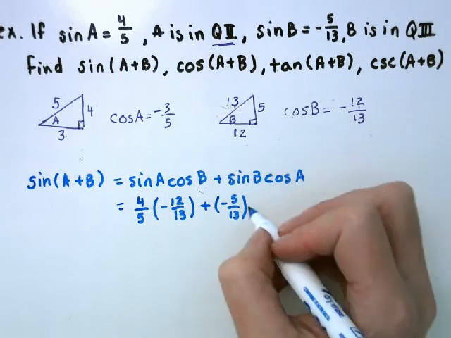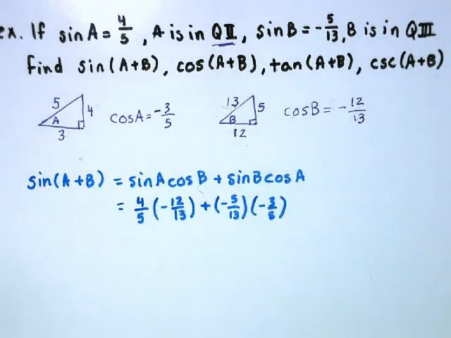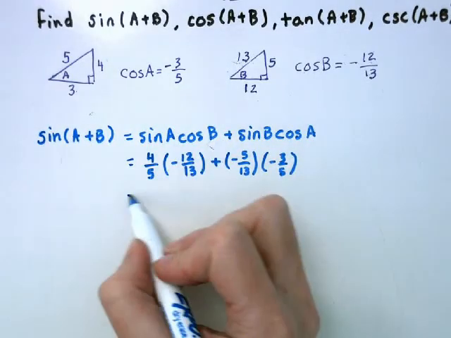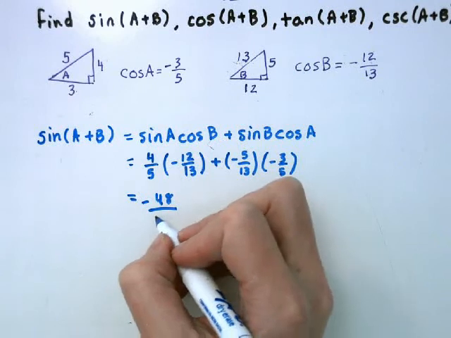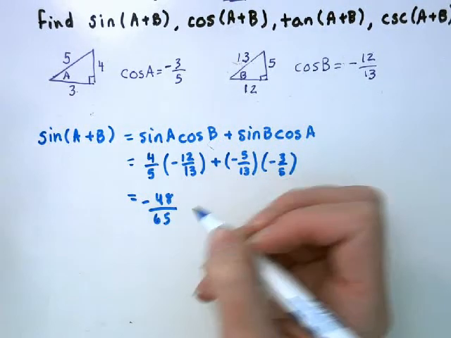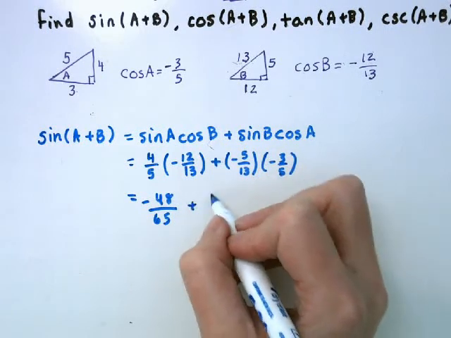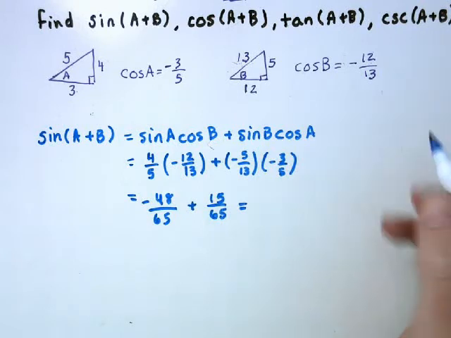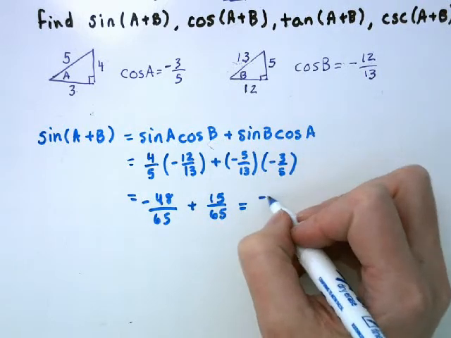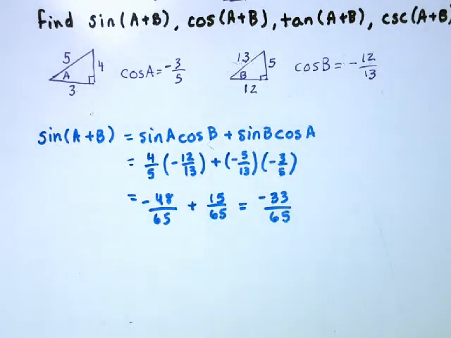Cosine of A is going to be a negative 3/5. So then this is what we're simplifying. So we're going to have a negative 48/65. Minus minus makes this a plus 15/65. So when I add those two things together, I get a negative 33/65.